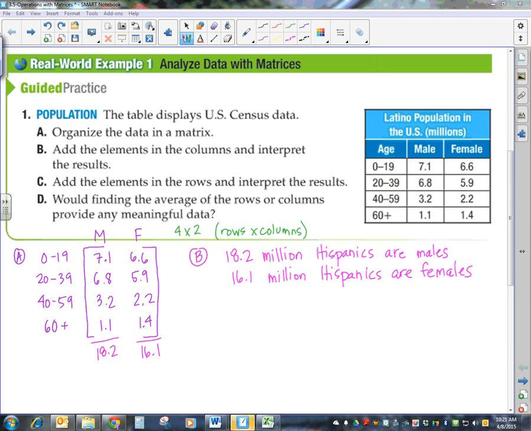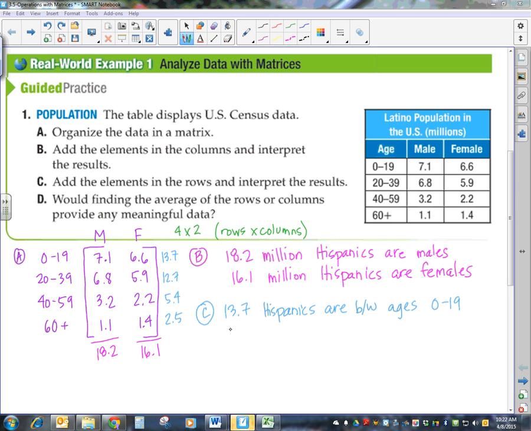Okay. Part C says add the elements in the rows and interpret the results. So if I add my rows, here I'm going to get 13.7. Here I'm going to get 12.7, 5.4, and 2.5. And I have to interpret those results. So basically we have that 13.7 million Hispanics are between ages 0 to 19.